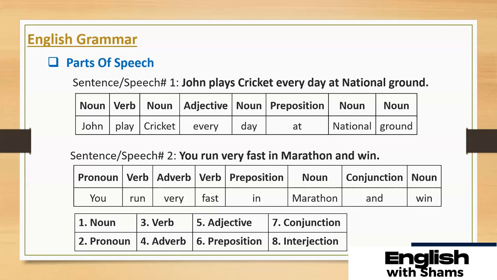Then in parts of speech, we have eight parts of speech: noun, pronoun, verb, adverb, adjective, preposition, conjunction, and interjection. So these are the eight parts of speech which we will be discussing in detail with examples. Then after parts of speech we have article and punctuation that will come.